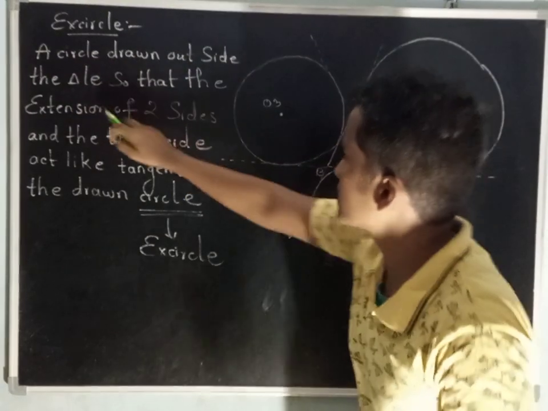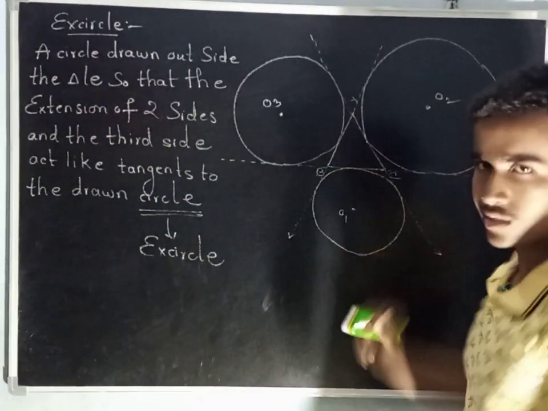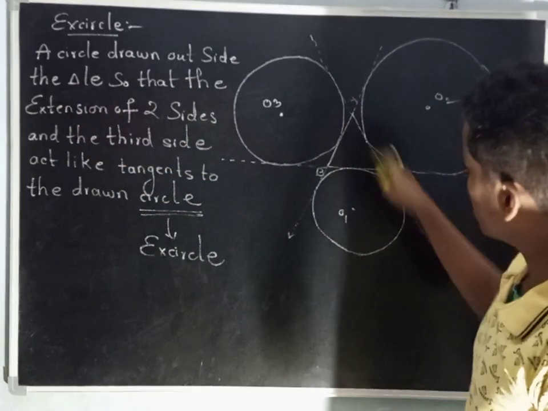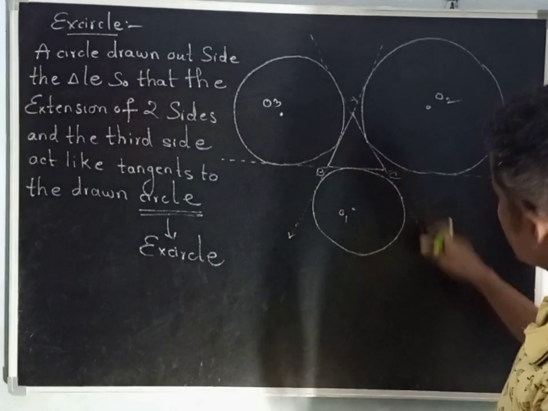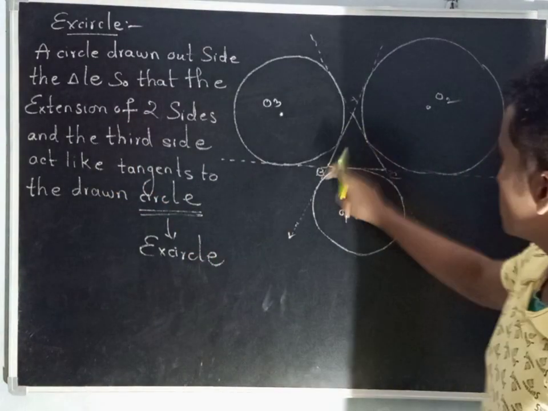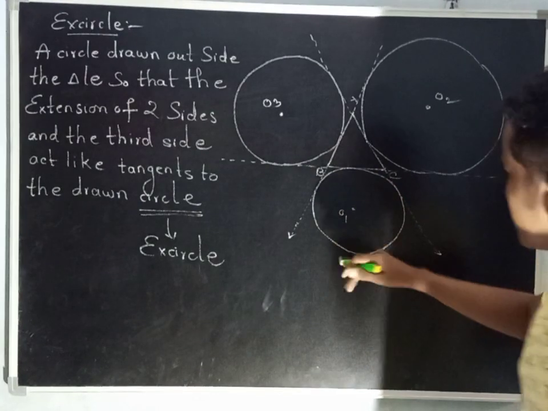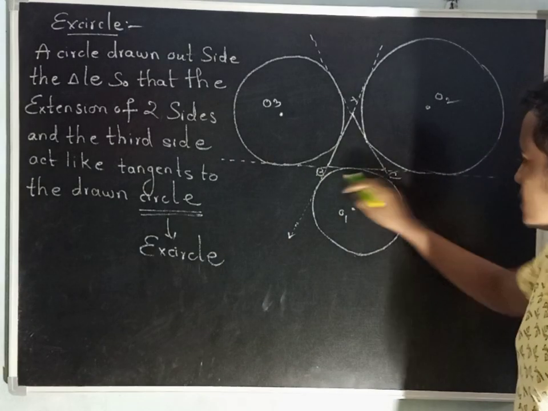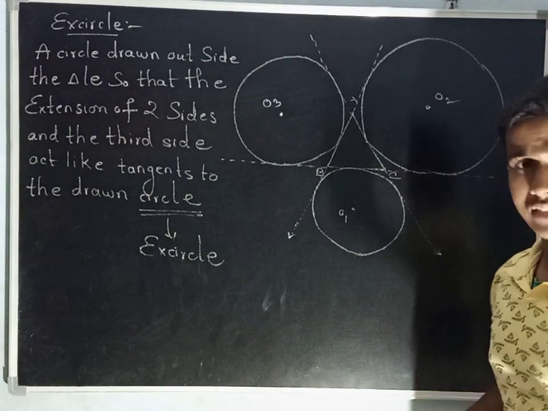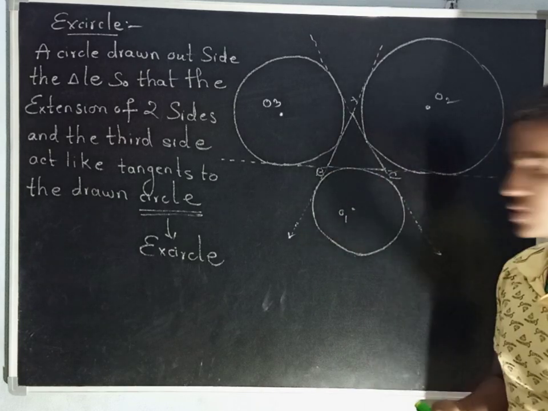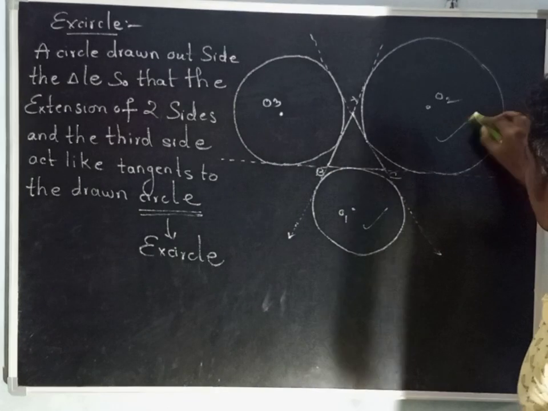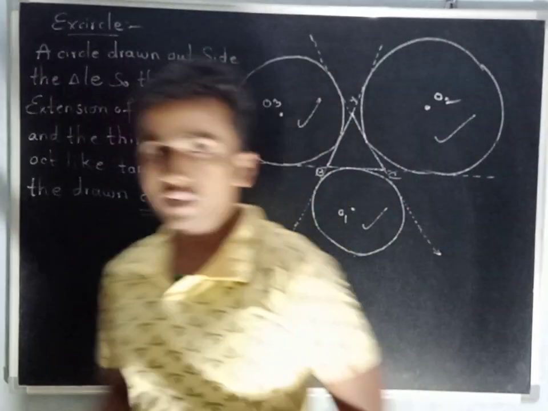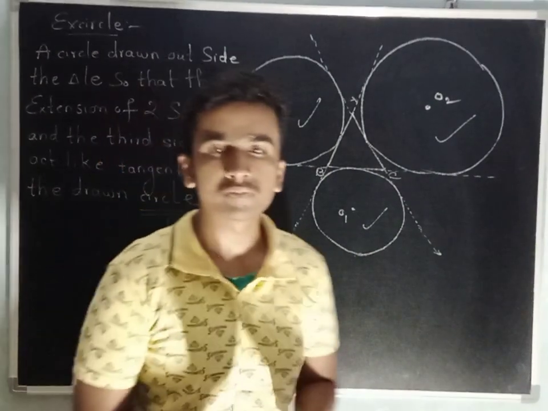A circle drawn outside the triangle. This is a triangle. A circle is drawn outside the triangle so that the extension of two sides, these are the two sides I have considered, I have extended like this, and the third side, these are two sides and the third side will be this, act like tangents to the drawn circle. I have drawn this circle, right? These three lines act like tangents, this side and the other two lines. Okay? So these circles are called excircles. This is what the excircle actually means.